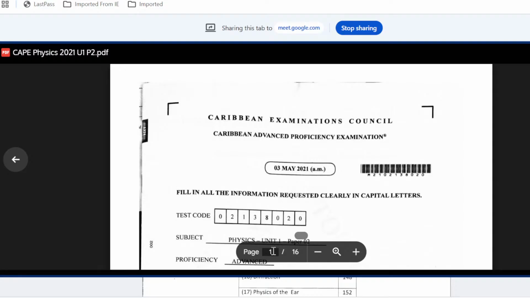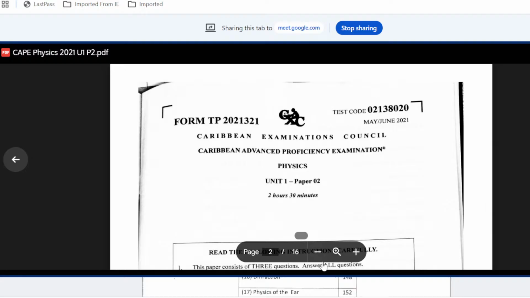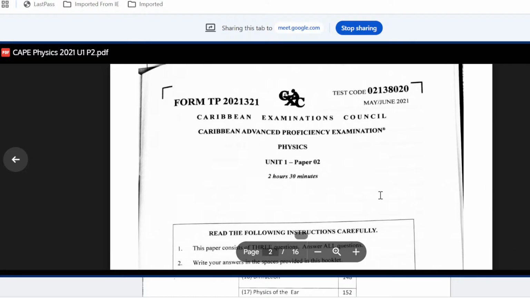Wait, but it said the opposite though. I'm unsure why we said temperature would increase. What does Charles' law state? That for a fixed mass of a gas at constant pressure, there is a directly proportional relationship between the gas's volume and its absolute temperature.